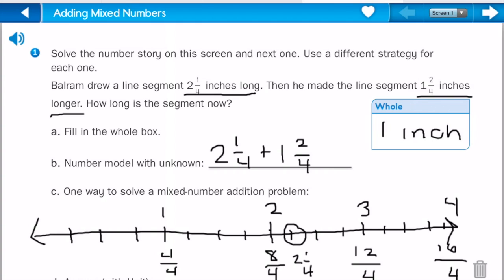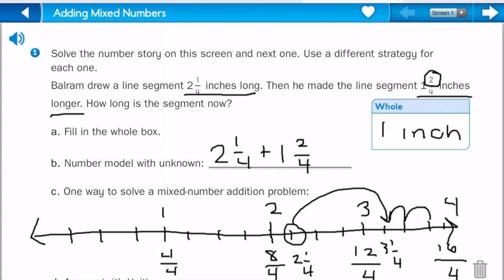So if I go one whole, I would move it all the way over to 3 1/4. Because they wanted me to move it one whole. And then I have to do 2 more fourths. So I go 1, 2.